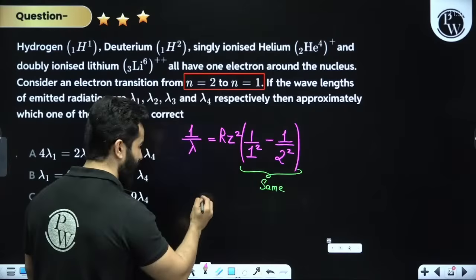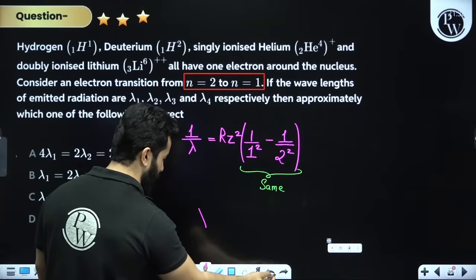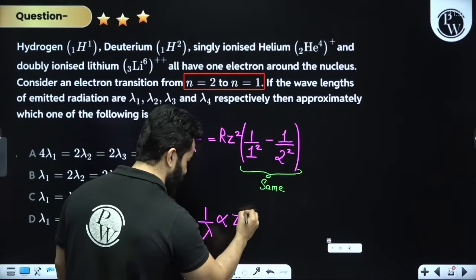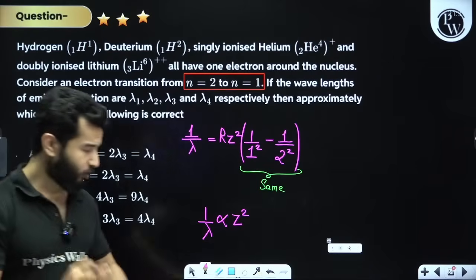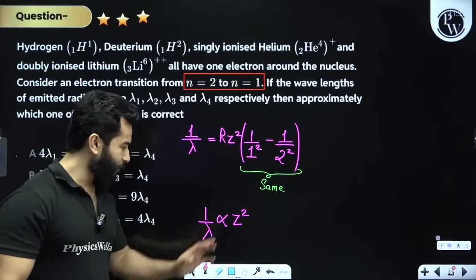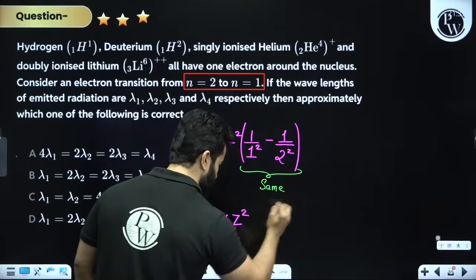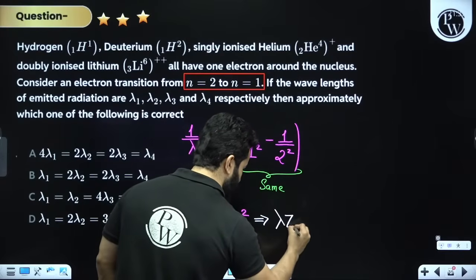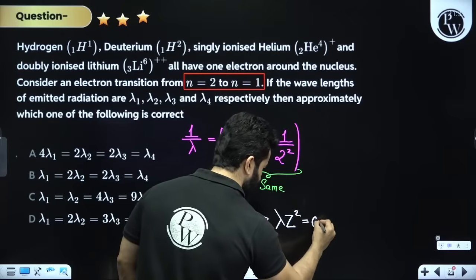This means that 1 upon lambda is directly proportional to Z square. Understand these concepts? This means that lambda multiplied by Z square is constant.